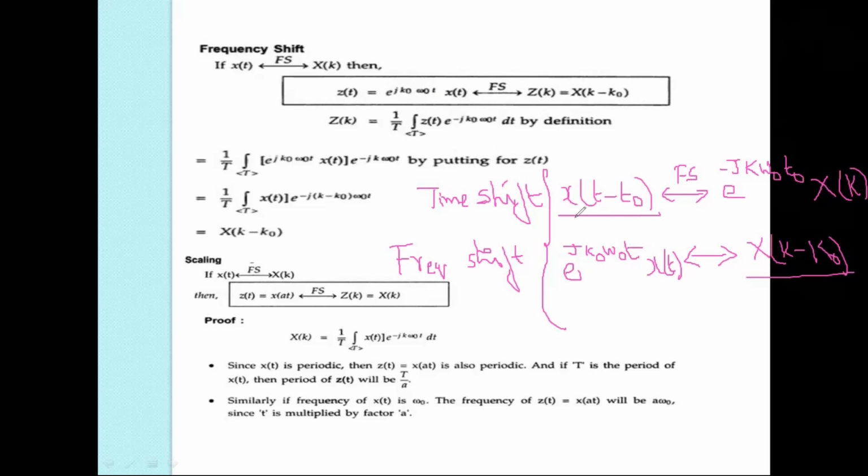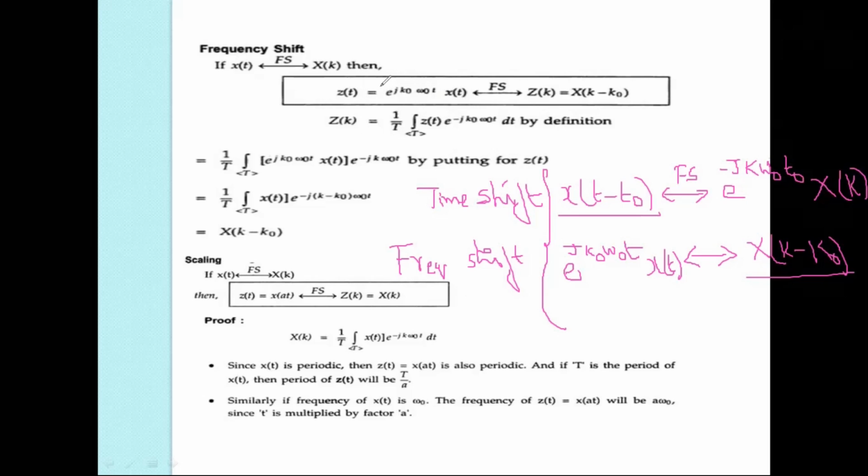Now you can understand. So in the time shift property, the Fourier series coefficient is multiplied with this factor. And in the frequency shift, the time signal is multiplied with this factor: e power j k naught omega naught t. Here, e power minus j k omega naught t.